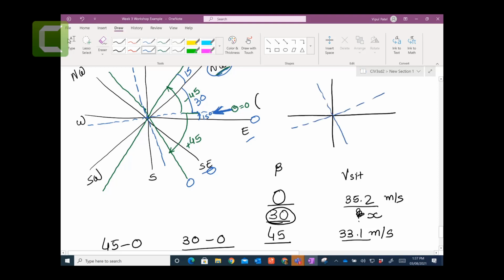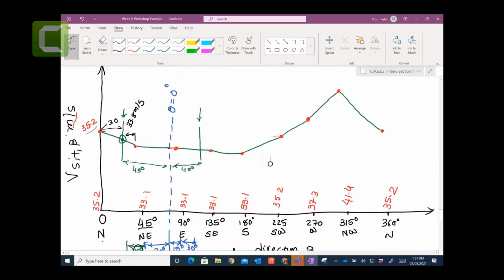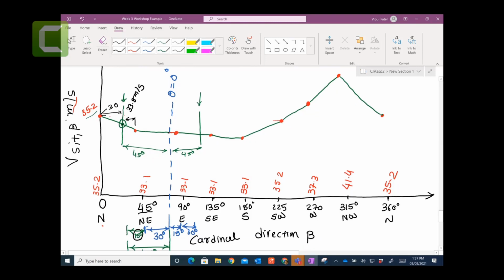So for theta equal to 0, you have 33.8 meter per second, and that is greater than 30, so it's okay. Everyone okay? We just take the maximum value from 45 degree plus and 45 degree minus. All right, so that's theta equal to 0 done.